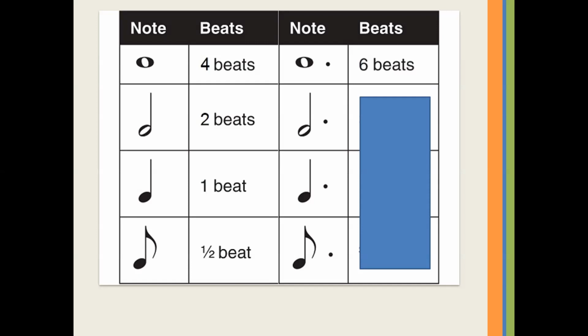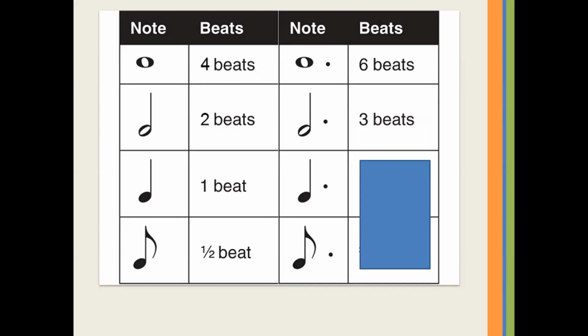Bolu, what about the dotted minim? 3. That's good.